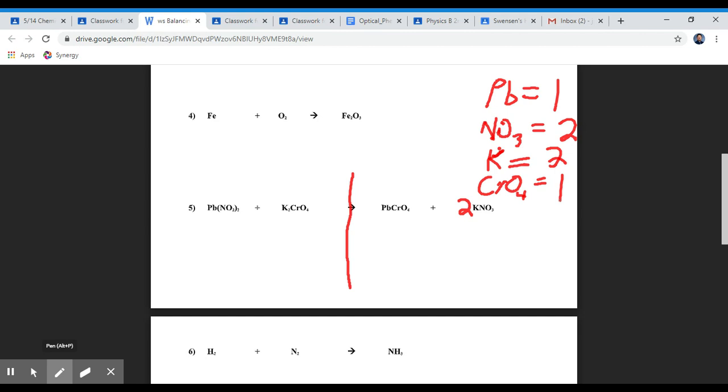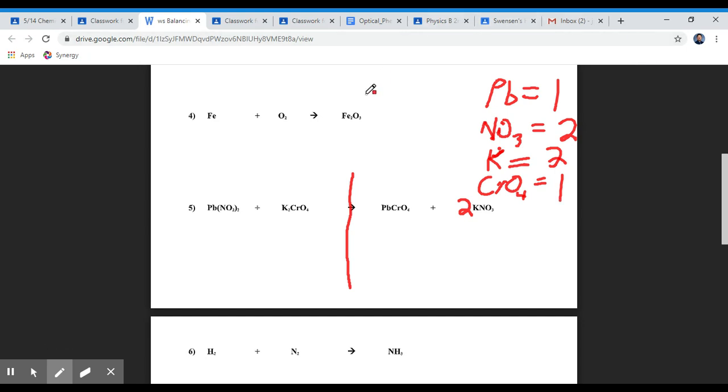Sometimes you'll end up going back and changing things because one number that you added in might affect something else. Kind of like number 4 that we did before. We went back and had to change the number of irons because when we changed something else, it affected it.